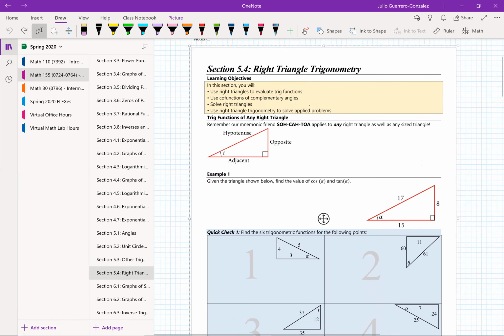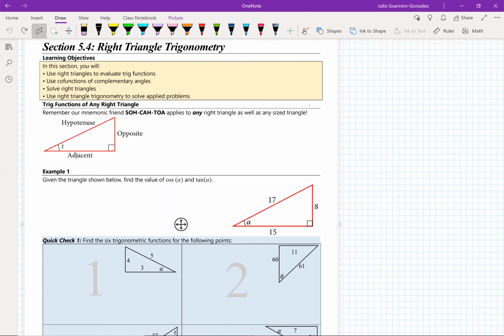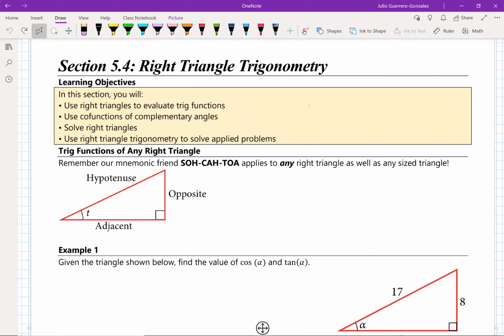So what we're going to mess with now is right triangle trigonometry. As you guys sort of already realize, there's a bunch of triangles in trig. And rightly so, right? That's why we called it trigonometry. I want to cover really quick our good friend SOHCAHTOA. So sine of some angle t, depending on where t is, the thing that's next to the angle is the adjacent.